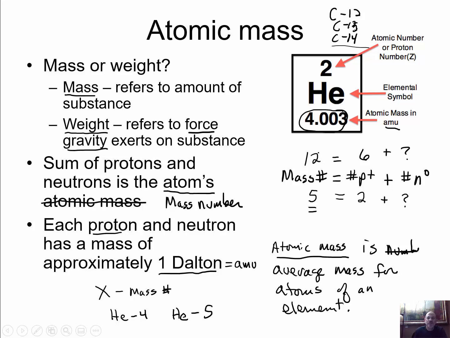This is the unit they use to measure very small particles. Because the neutrons and the protons are about the same mass, 1 Dalton or 1 atomic mass unit, that's why the formula for mass number is number of protons plus number of neutrons. All we do is add up the number of each, and each one is technically equal to 1 atomic mass unit. So a helium-4 atom would have a mass of 4 AMUs, or 4 Daltons.